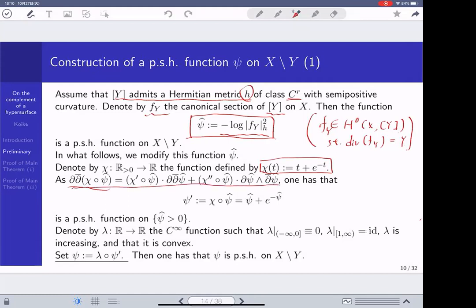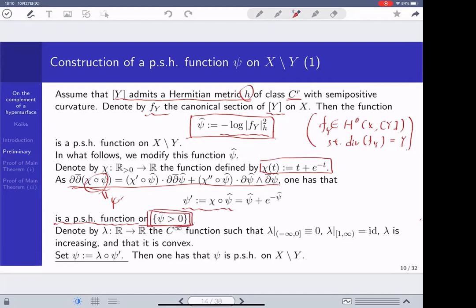This is a very standard formula. If we denote it by psi prime, we have that this psi prime is also a pre-subharmonic function on this domain.